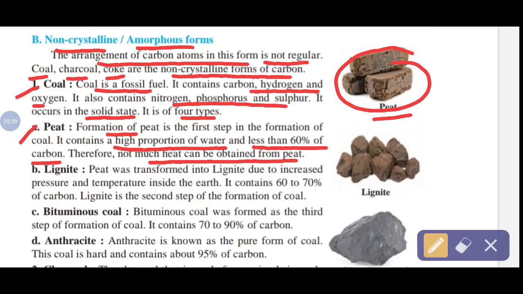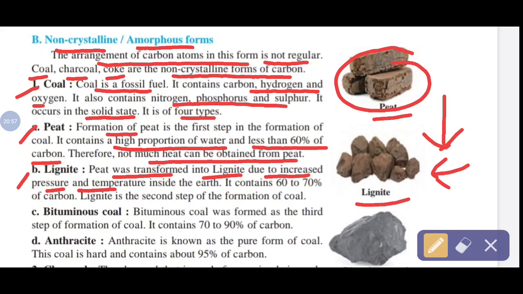Clear? Second type of coal is lignite. Now check here, this peat is transformed into the second type, lignite. Check the figure that is showing here. Peat was transformed into lignite due to increased pressure and temperature inside the earth.